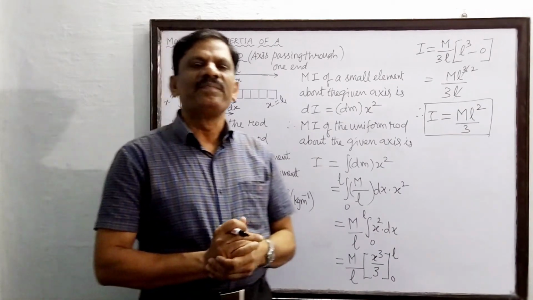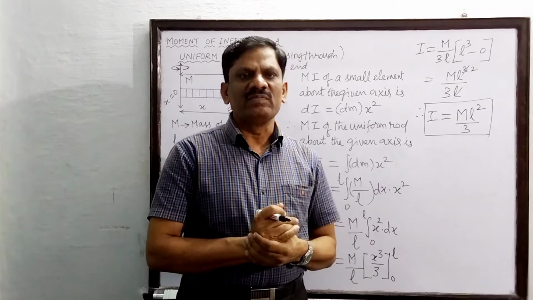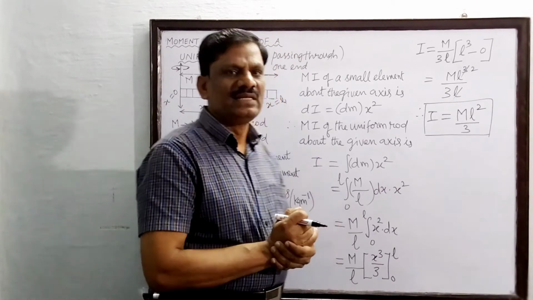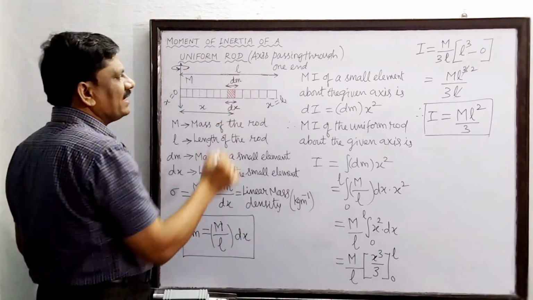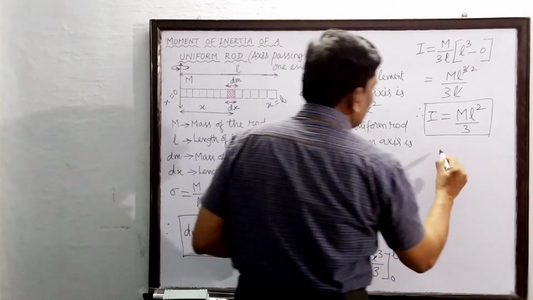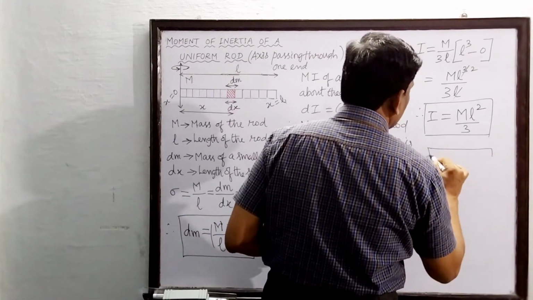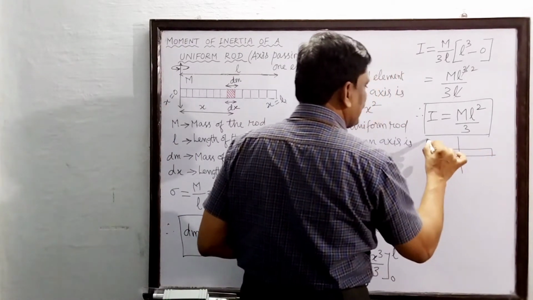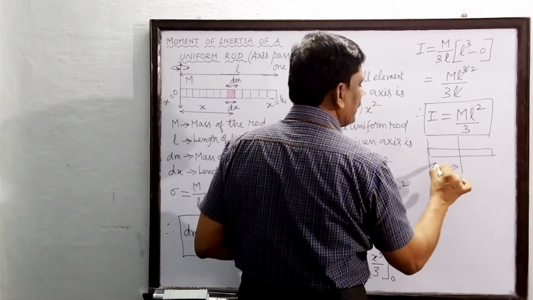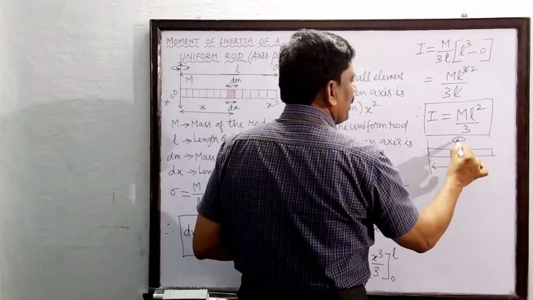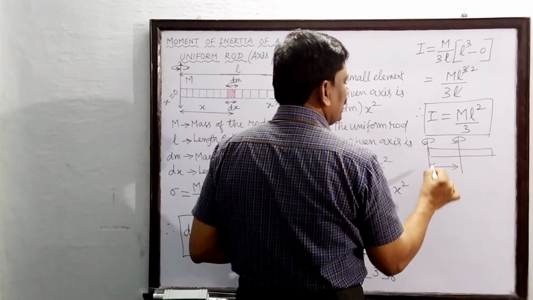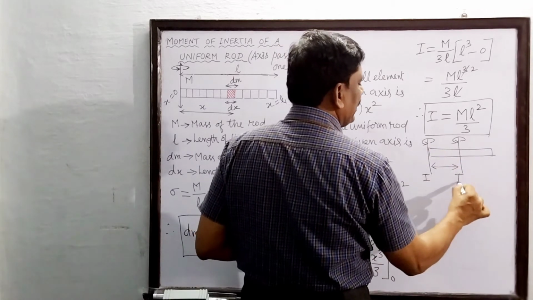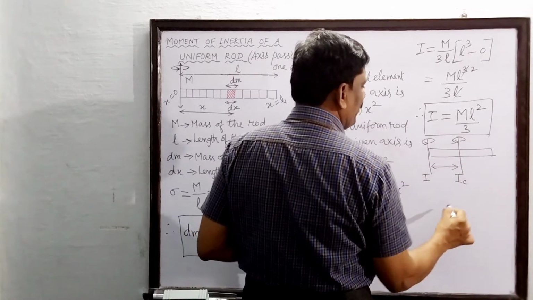This can be derived also from the parallel axis theorem. Is it not? You see, for example, if I consider the parallel axis theorem, one axis is passing through the center of mass, the other axis is passing through one end like this. So this can be taken as I and this can be taken as I center of mass.